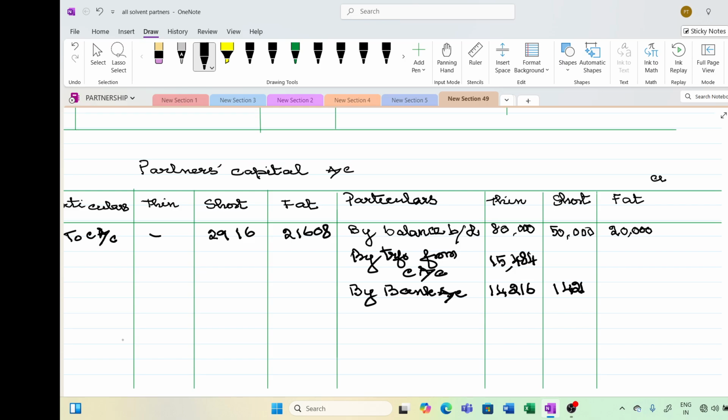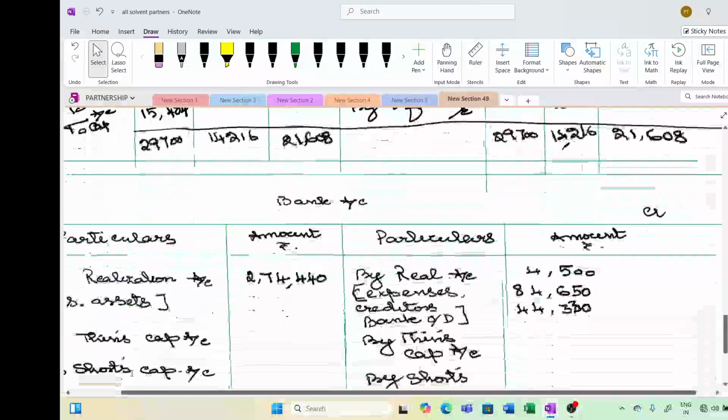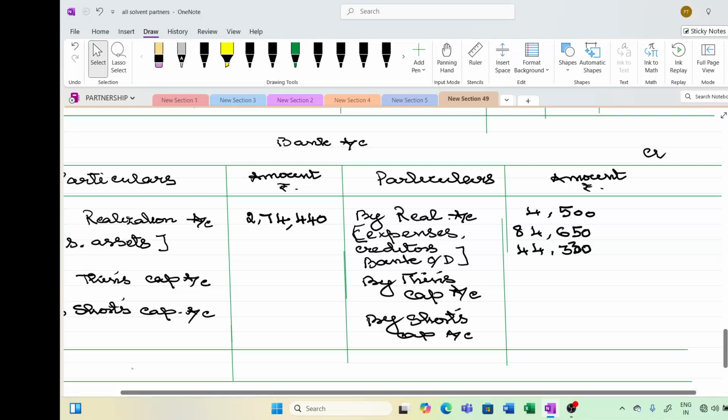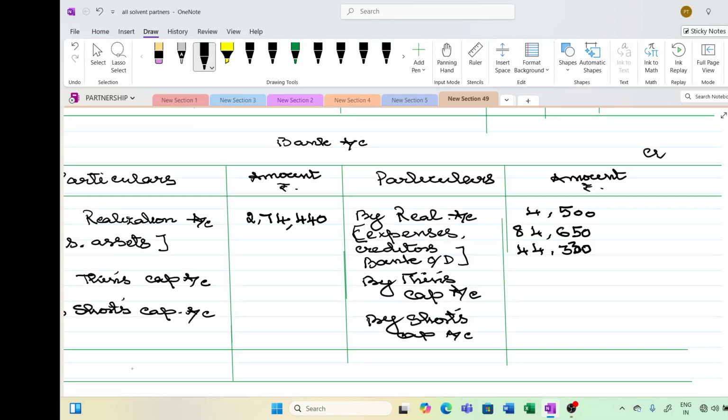Now go simultaneously to your bank account and put that amount into bank. So he brought 14216, and this solvent partner having credit balance brought his amount. So we have posted on both places.